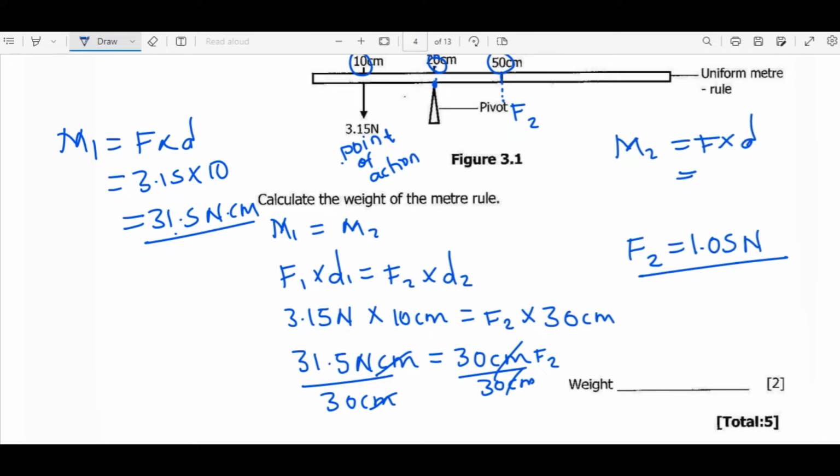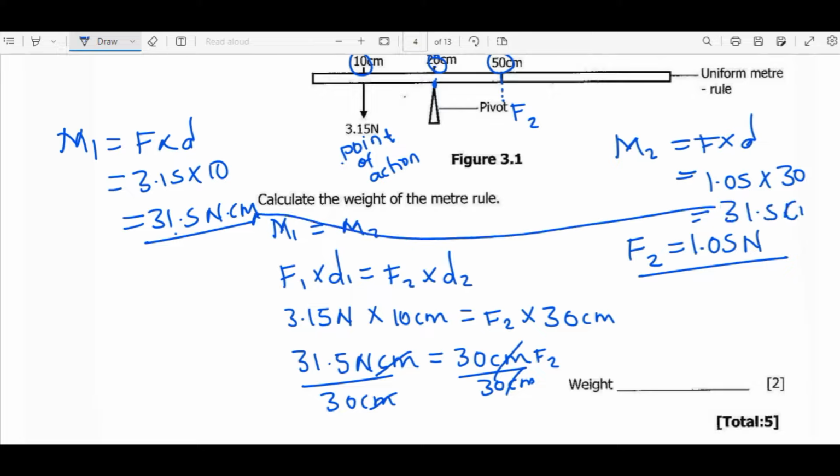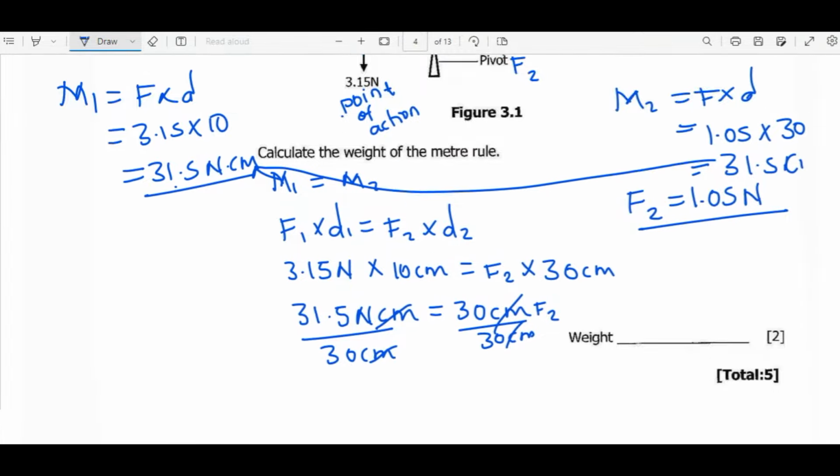The force is 1.05 times the distance, remember, 30. 1.05 times 30, I'm getting 31.5. So we can see that these two moments are equal. Therefore, we can conclude that our setup is in equilibrium.